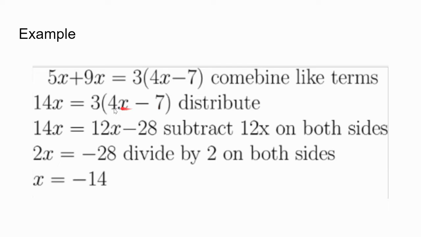Now I'm going to distribute, so 3 times 4 is 12x, and then 3 times 7 is 21. I keep the minus. So now I've got 14x equals 12x minus 28. Subtract 12x on both sides. I have 2x equals negative 28. Divide by 2 on both sides. X equals negative 14. So that's something you should be able to do.